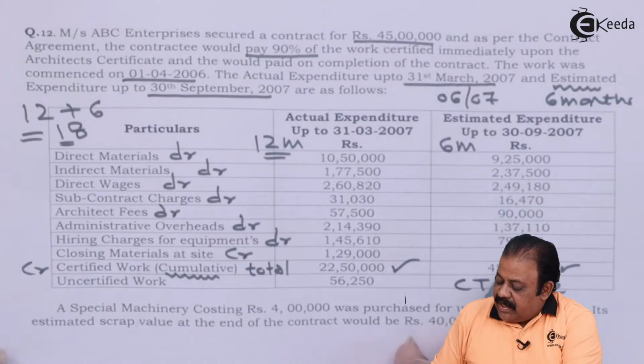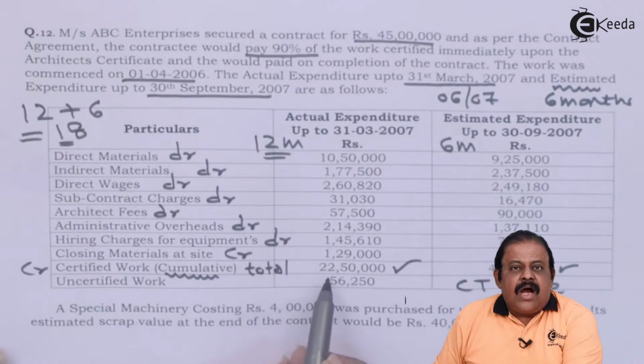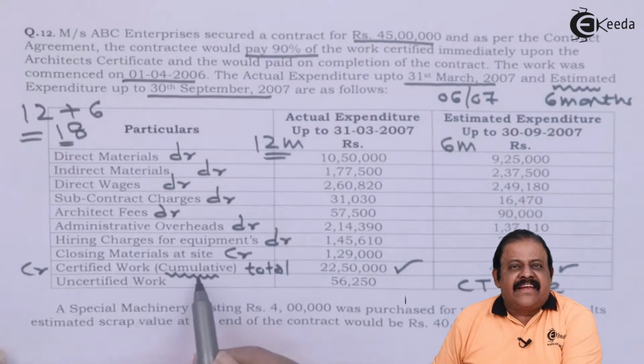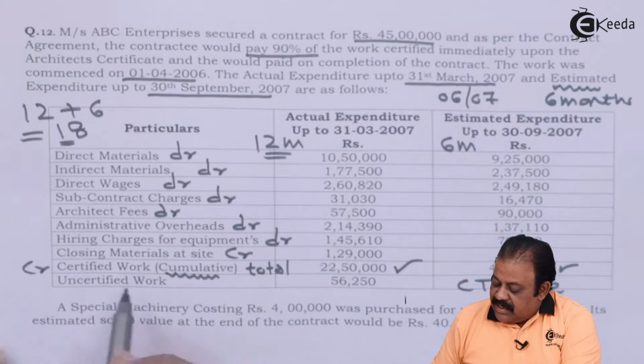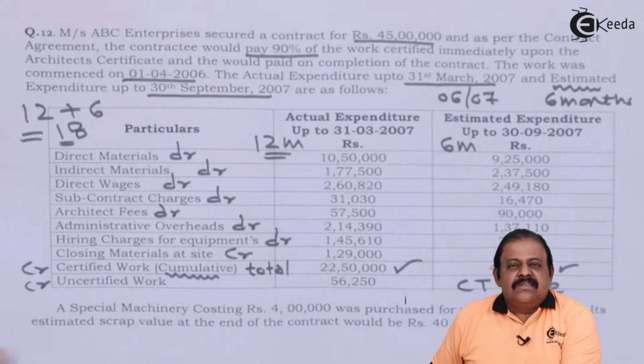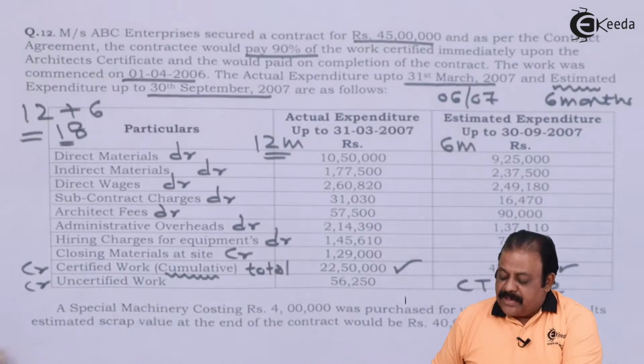That means this 45 lakhs includes the amount 22,50,000. So therefore they have used the word cumulative, that is aggregate or total. Uncertified work, contract account credit. This is the information we have in the table. Below, now we'll read the additional information or adjustments.